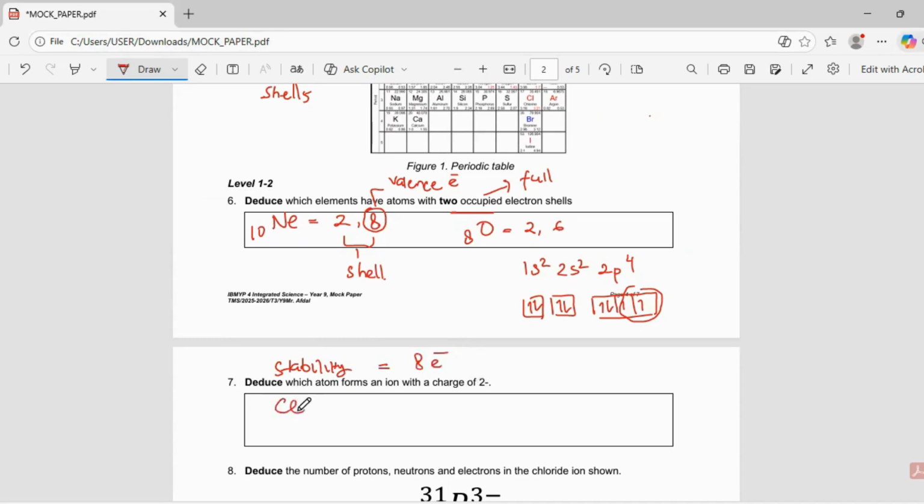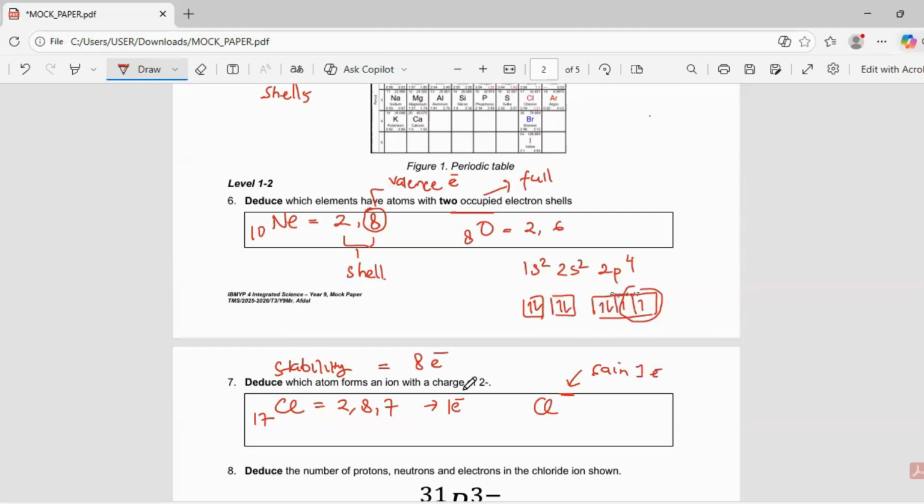So for example, chlorine is 17. The configuration will be 2, 8, and 7, right? How many electrons are needed for chlorine to become stable? It will only need 1 electron. So the charge of chlorine will be negative. Why is it negative? Because it needs to gain 1 electron to become stable.